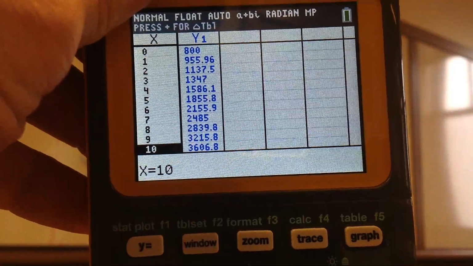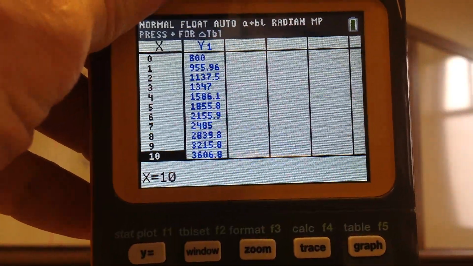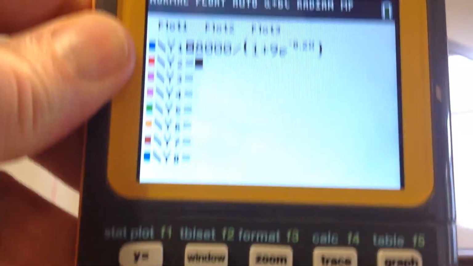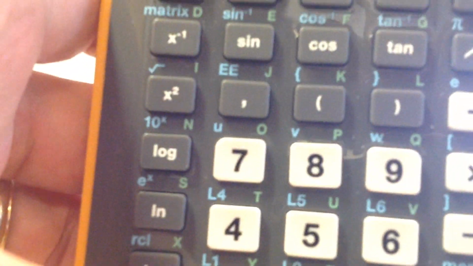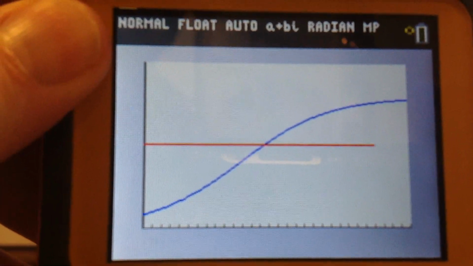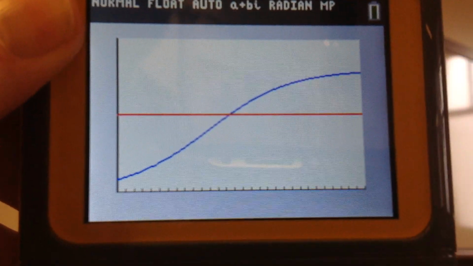So let's take a look at this. Here's the table again. That's where I got the answers for parts A and B. For part C, we go back into y equals, arrow down to y2, and input 5,000. And so now that'll make a straight line where y equals 5,000, and there it is, okay? And now we want to know the intersection.